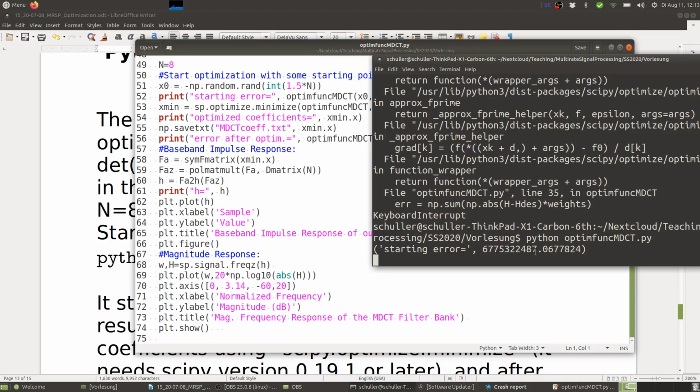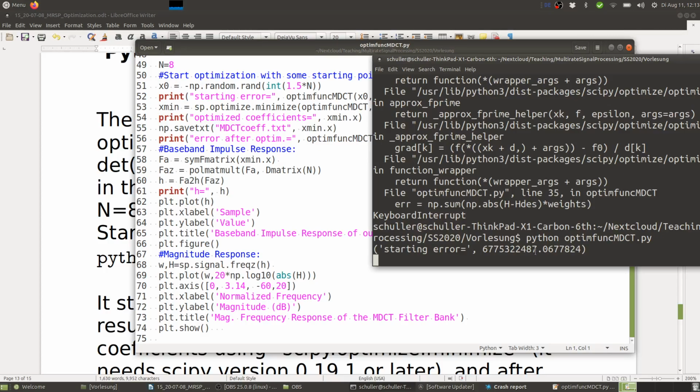It might take a long time depending on how complex the error function is, or the objective function, and what the dimensionality of the argument vector is.